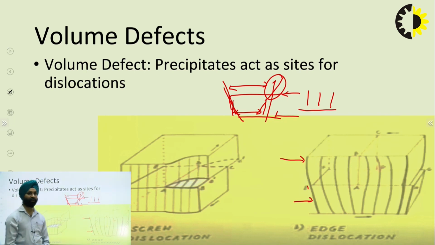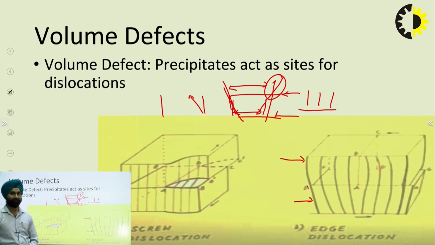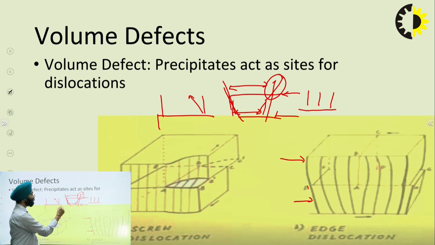Similarly, if the crystal lattice orientation is on the inside direction, behind the screen, that means the lattice previous to this one will be covering more area.